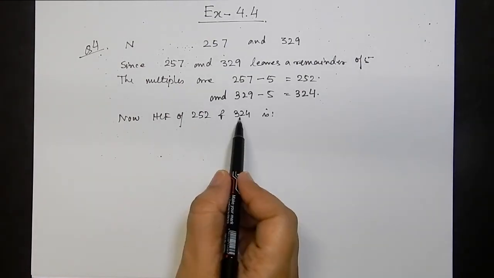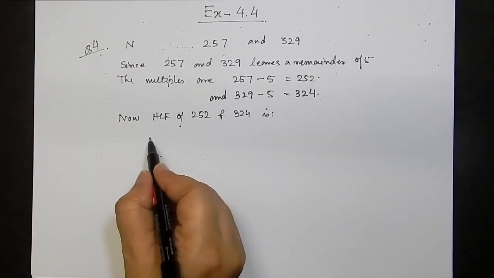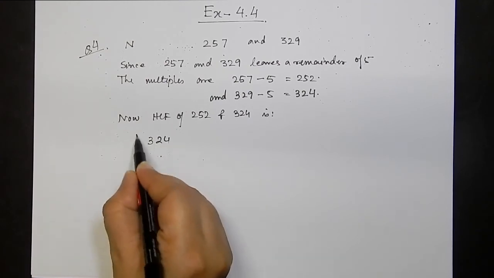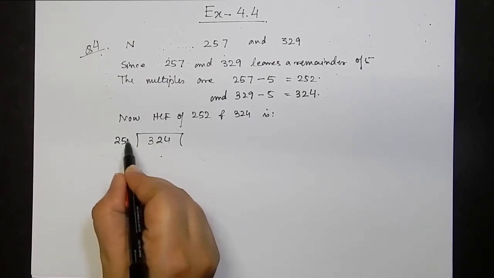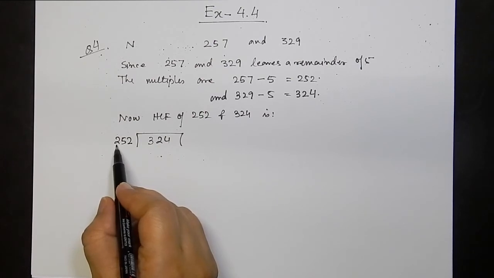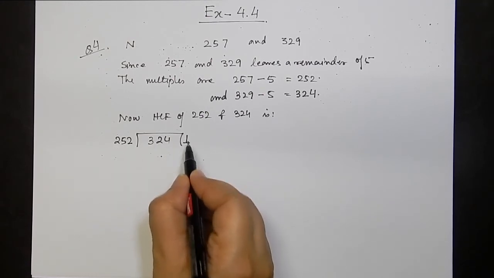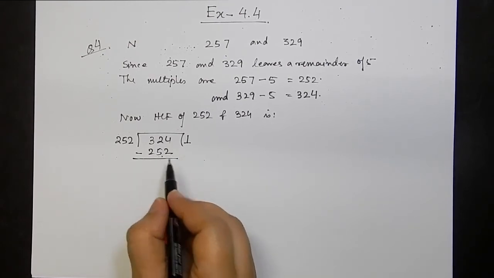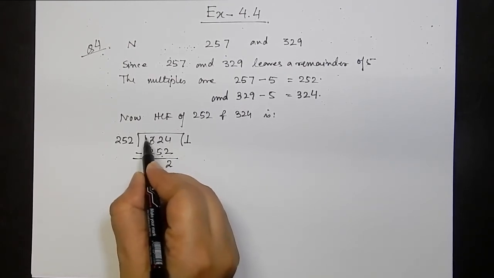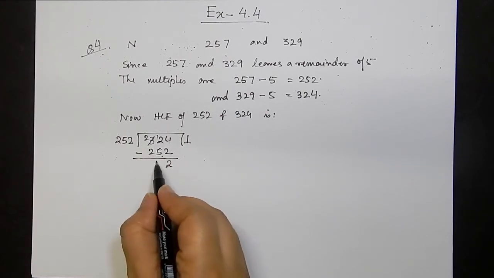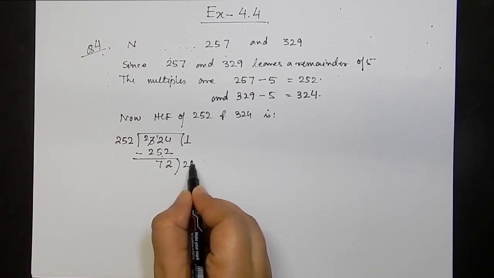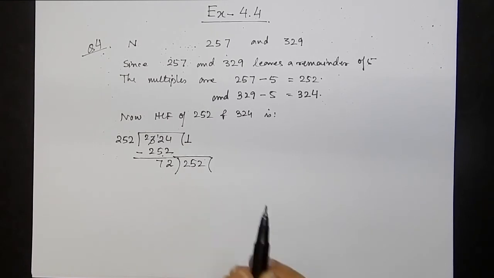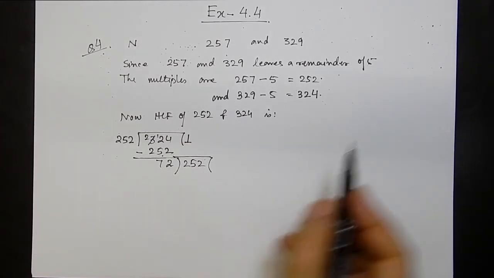See, when both the numbers are big, the division method will be the faster process. 252: if you multiply this by 2, you will get something in the 400s. So obviously it is 1. 4 minus 2 is 2 and 12 minus 5 is 7. You can do it in the rough column.